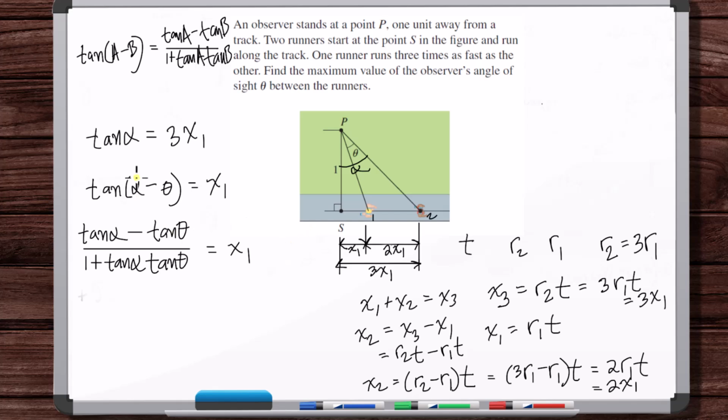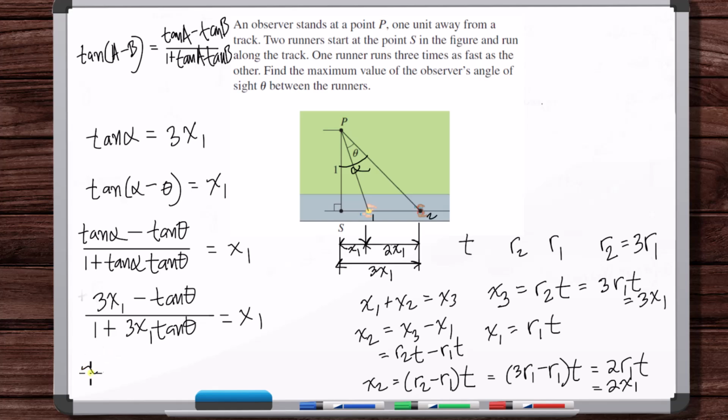But we know tangent of alpha is equal to 3x1, so let's substitute that in: 3x1 minus tangent theta over 1 plus 3x1 tangent theta is equal to x1.